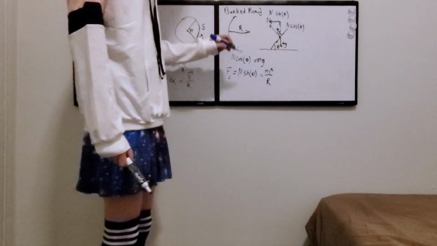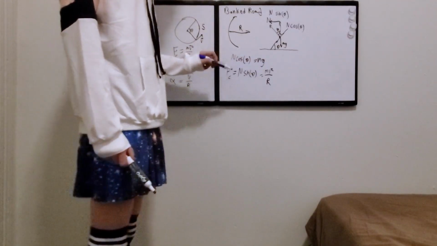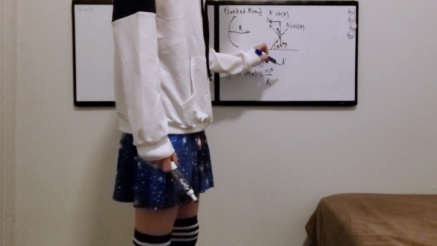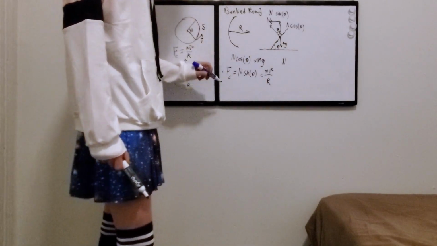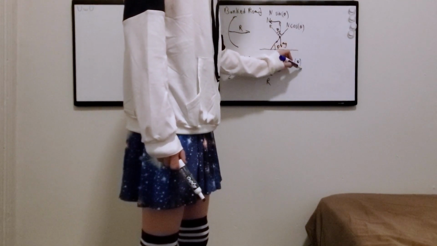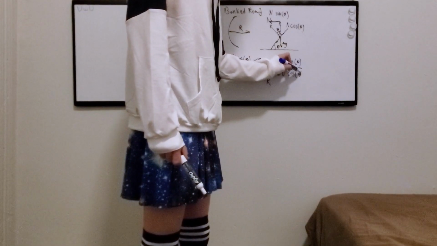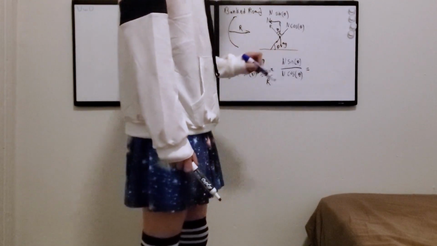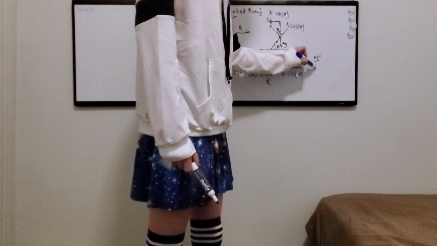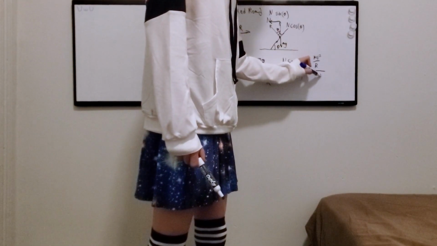So from this, we can derive a relationship. All we have to do is divide this equation by this equation. So it would be N sine of theta divided by N cosine of theta is equal to mv squared over r, hopefully I don't run out of space, over mg.